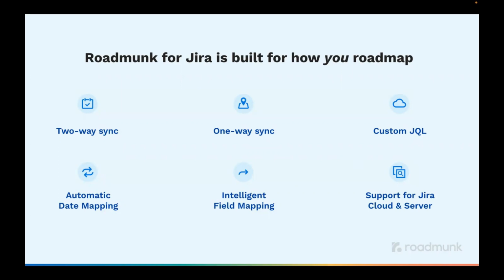So whether you want your source of truth to be Jira or to have both RoadMonk and Jira be the source of truth, you have the option there. We have custom Jira query language, an option you can utilize when building your roadmap. Automatic date mapping as well as intelligent field mapping make things simple and flexible. And of course, we support both Jira Cloud and Server.